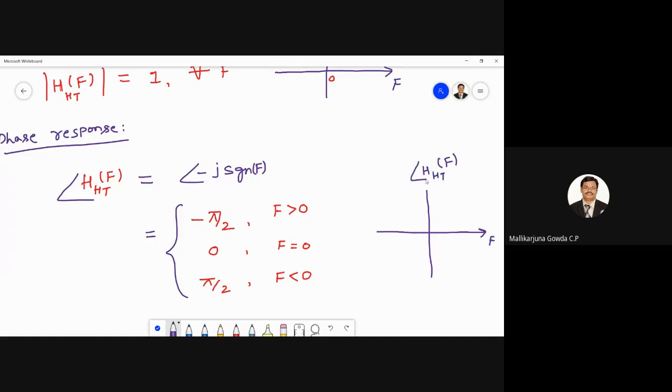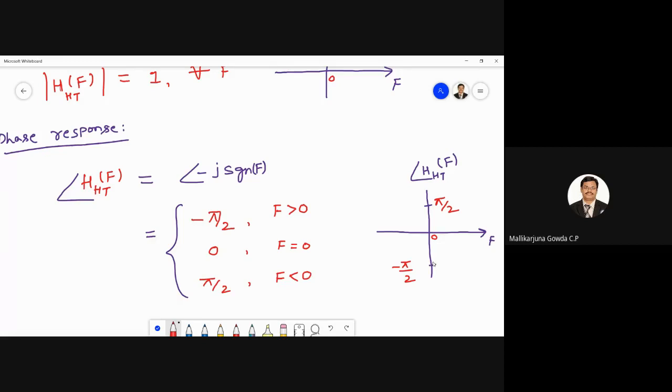How do I represent that? So two values, one is minus pi by 2, another one is pi by 2, then 0 value. So this is minus pi by 2, and this will be pi by 2, and this is 0.